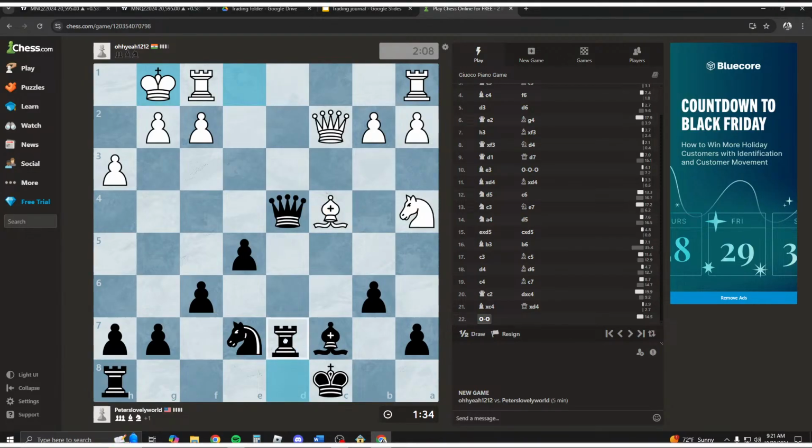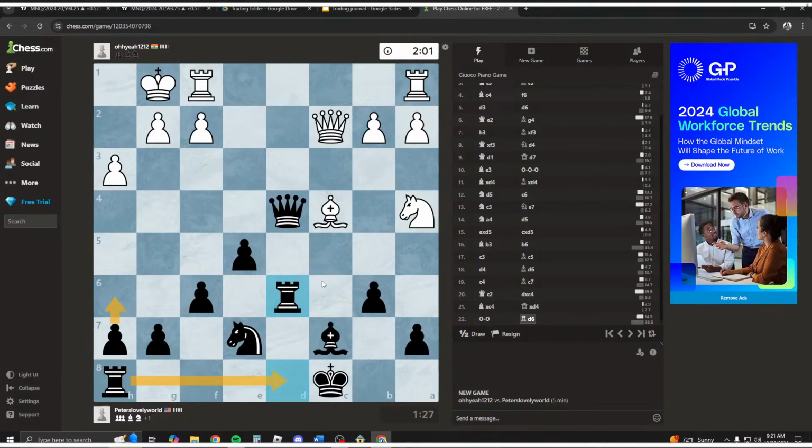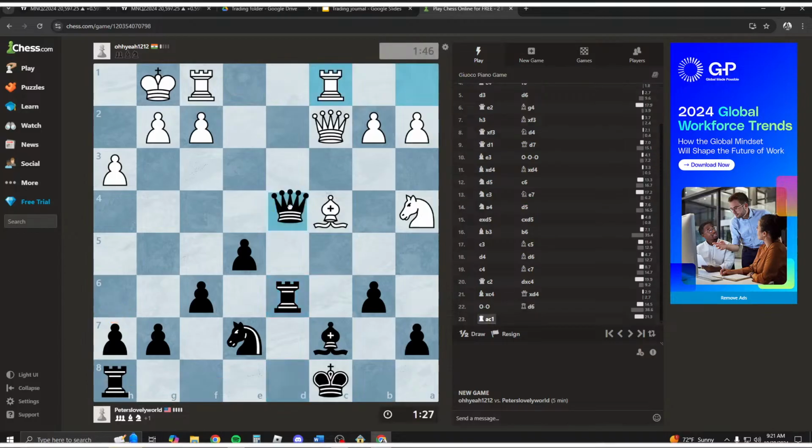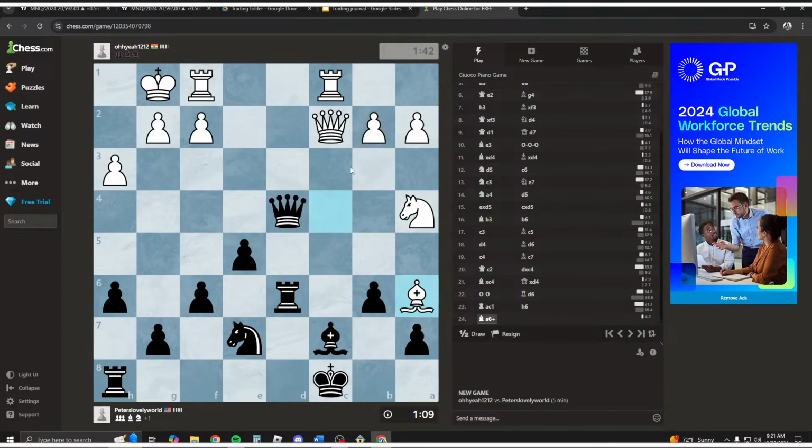Just like this. Wait, I need to create an escape square for my queen here. Oh wow, that was good.